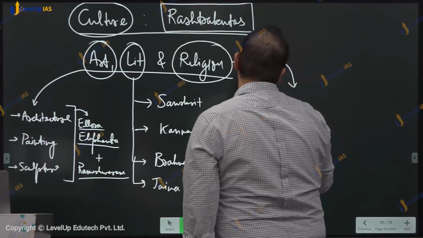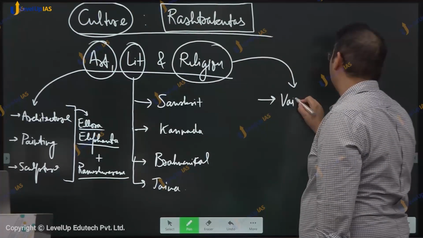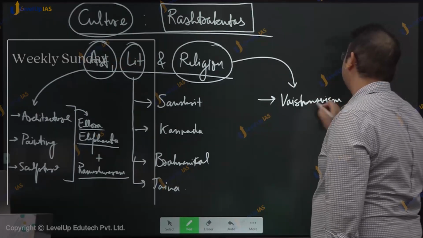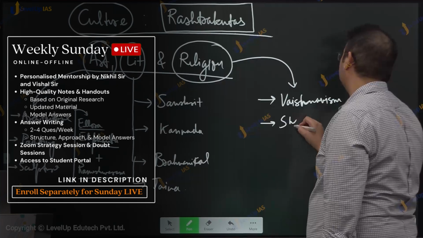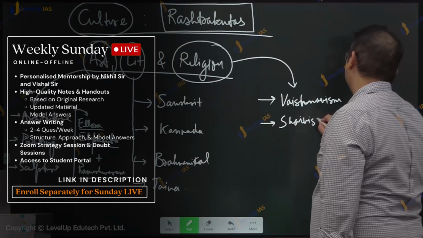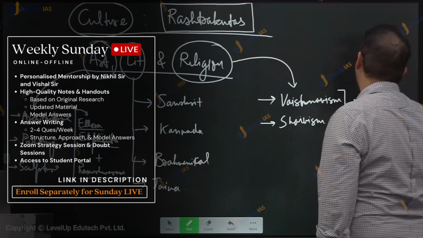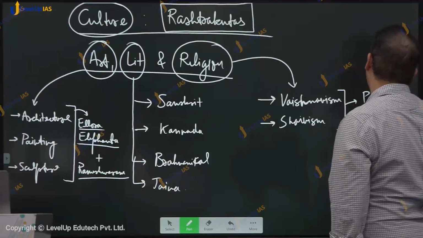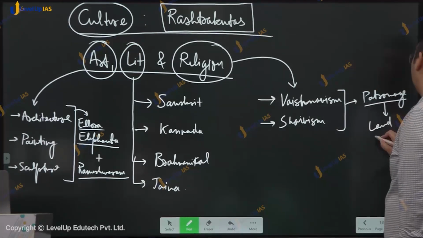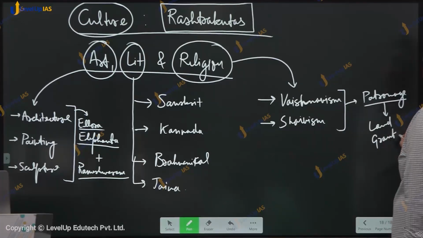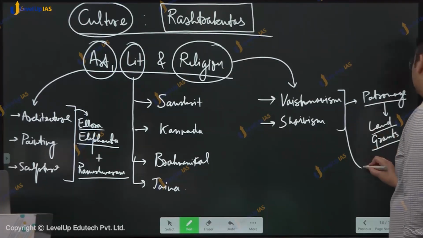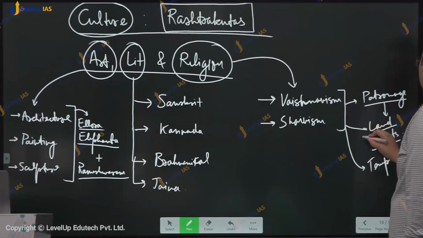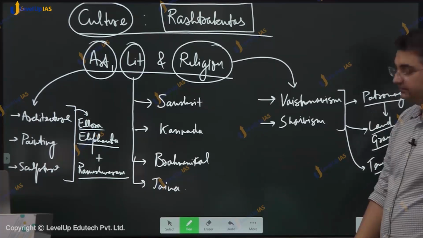The growth of Vaishnavism as well as Shaivism due to heavy patronage in the form of land grants and construction of temples by the kings.